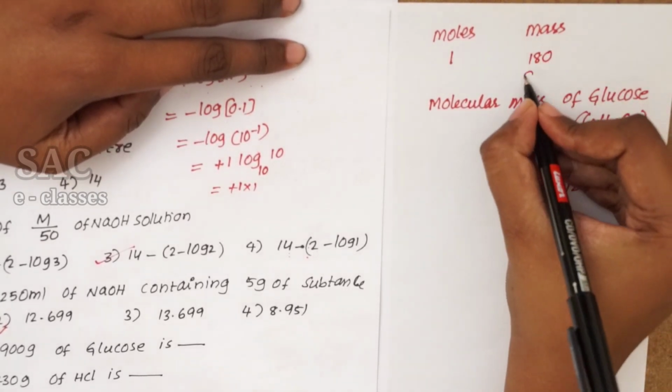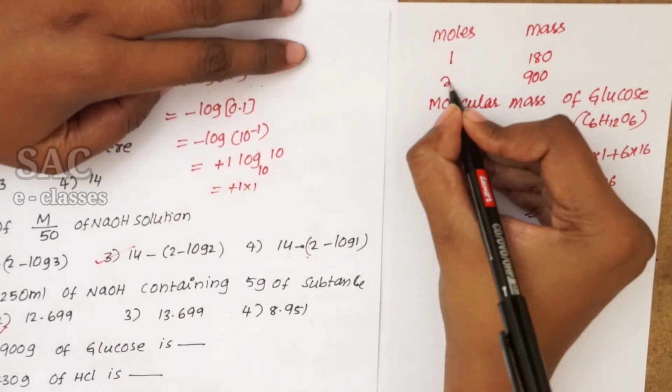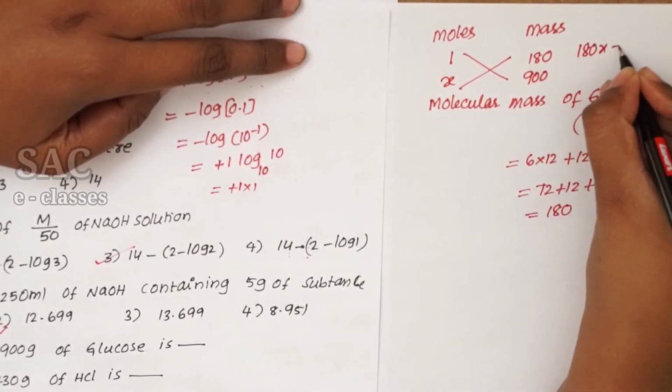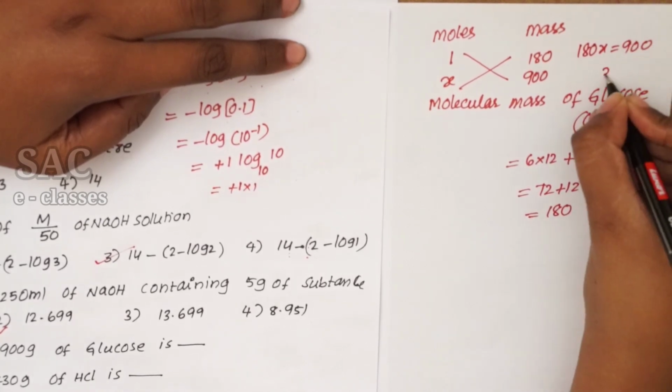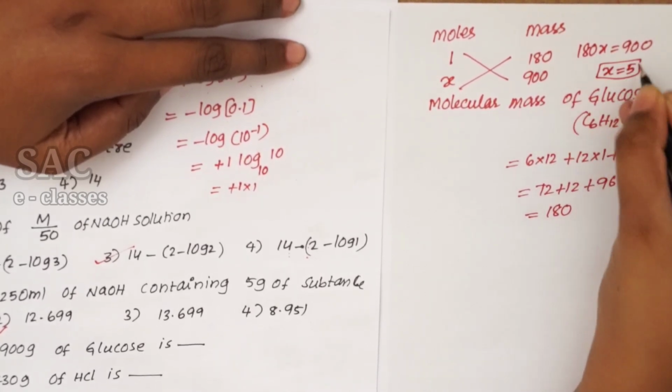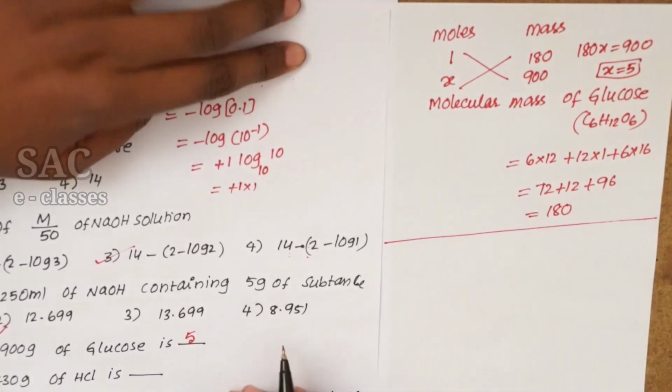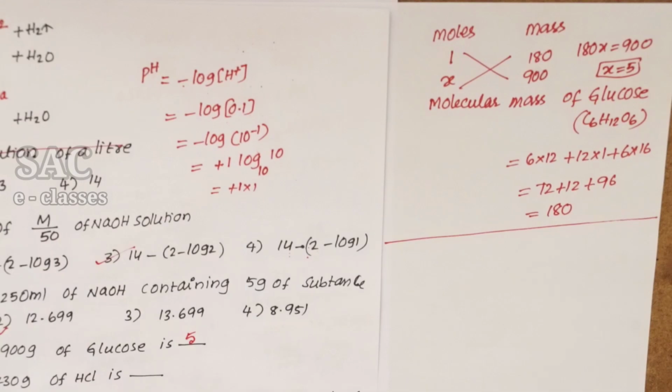This time 900 grams of glucose is there. How many moles? Then 180 x is equal to 900, where x is equal to 5 moles. Totally 5 moles of glucose is present in 900 grams of glucose.